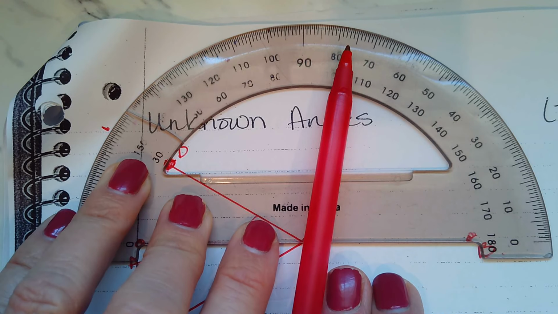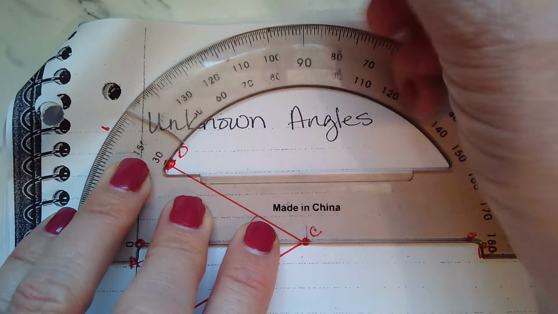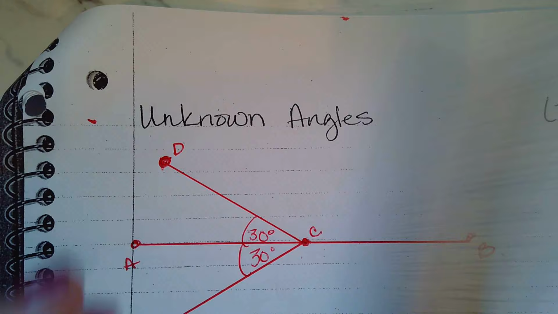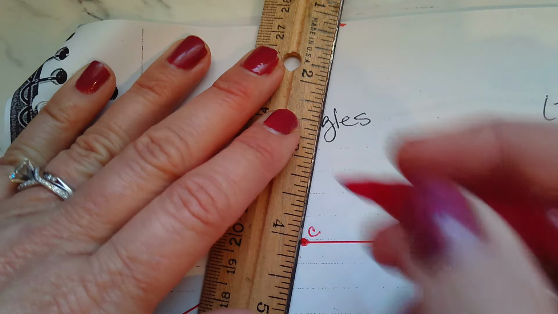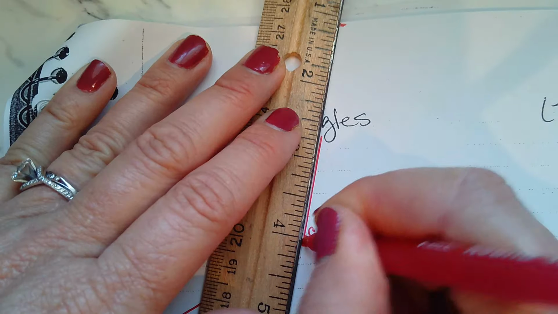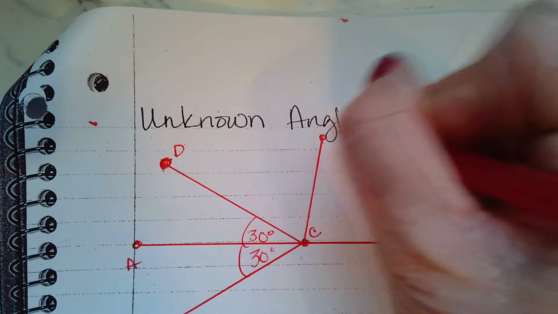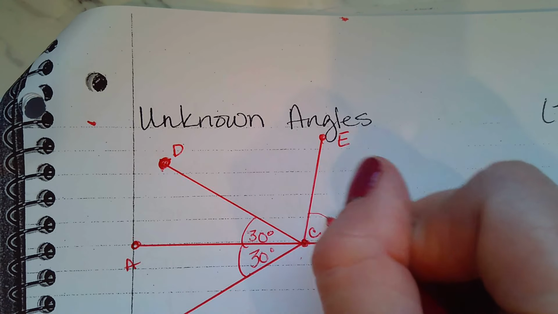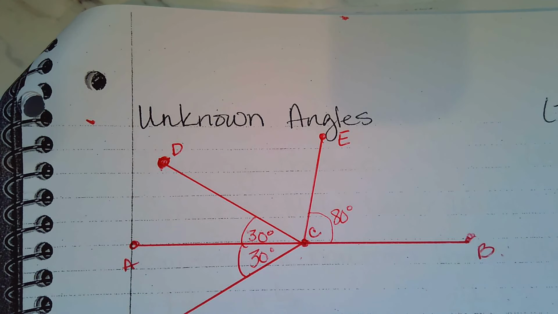So how about 80 degrees? Why not? Okay. And we don't have to make it that long. We can make it a lot shorter so we don't lose it. Okay. And we're going to label that E. And we know from here to here, that was 80 degrees.